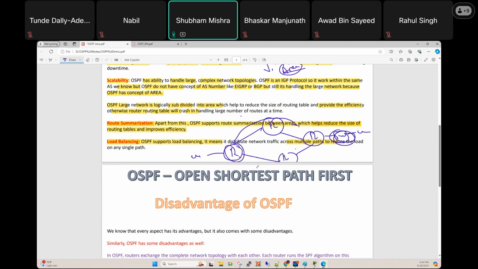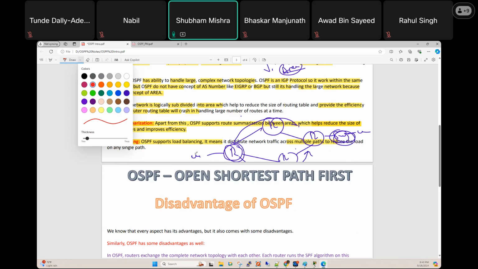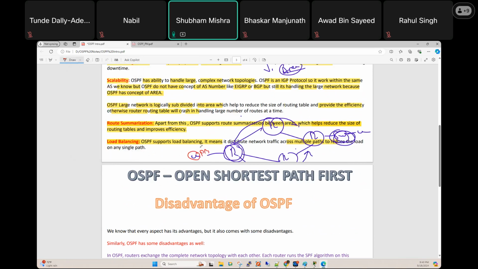When the user's ping packet reaches here, this router forwards this packet either by this path or through that path. So on this router, how many paths are there to reach the destination? Two paths, right? By default, the router chooses the shortest path.